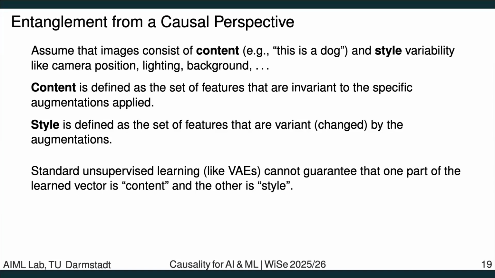So the first thing we want to look at is whether there is a way in these models that we can guarantee that our network disentangles content from style, which means can we make sure that it focuses on the dog class, or the class that is shown in the images, and does not consider the style when making decisions, for example.